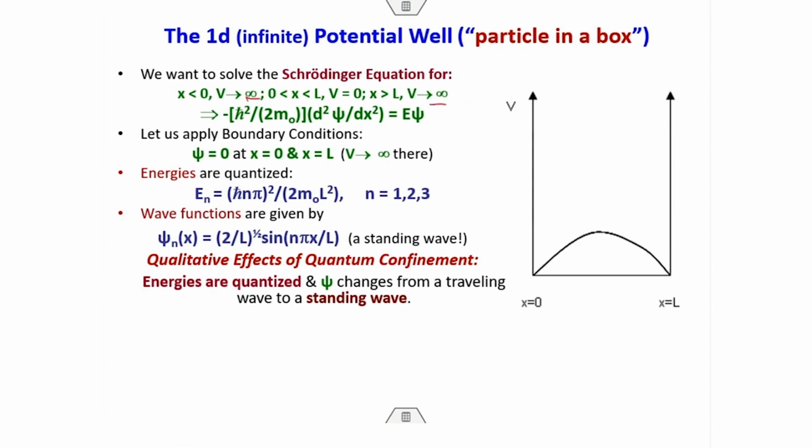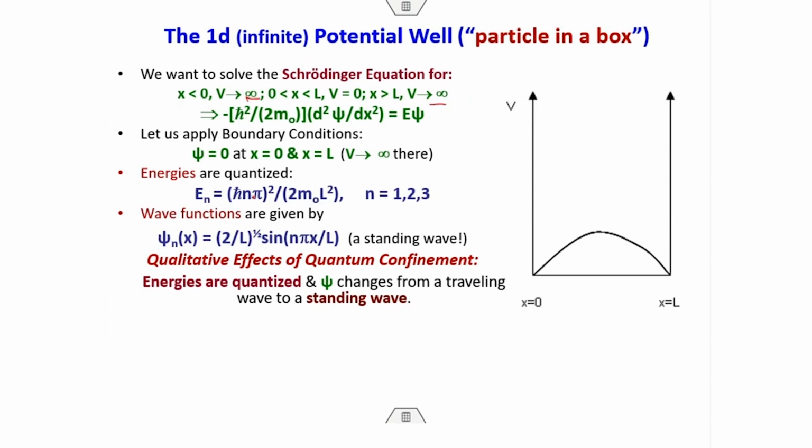If you do a complete calculation, you will find energy is proportional to n square, that means the quantum number squared. Similarly, the wave function will also be a function of n, sin(n pi x by L).